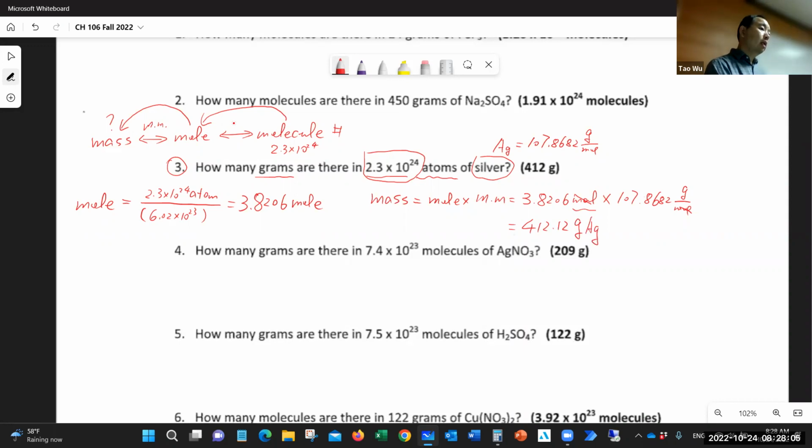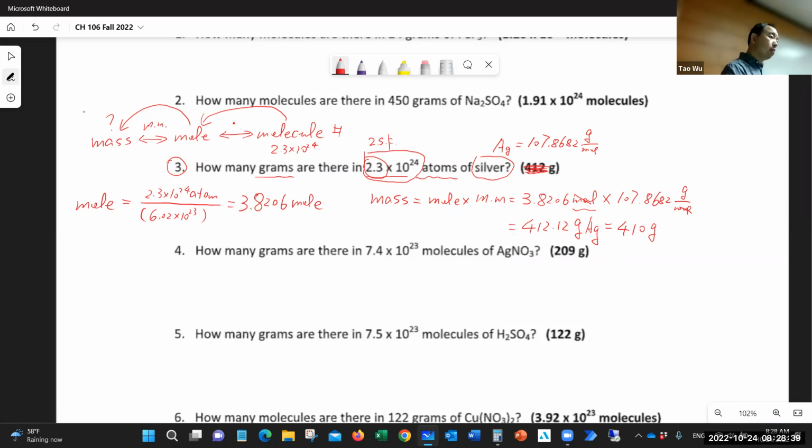And again, if you look at the sig fig, the question gives us just one number, 2.3. We have 2 sig fig for this question, so that's why the answer is not 412. It's 410 gram. That is the mass of 2.3 times 10 to the 24th atoms of silver.